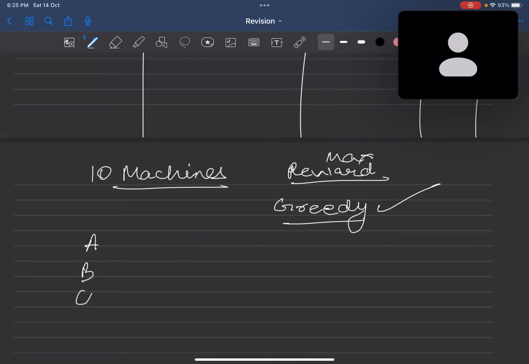Yes, absolutely correct. Suppose the first time A gave me the best reward, and I thought, okay, A is the best one, I'll keep on pulling A. But maybe after some time C is giving me the best reward, because of the probability C is the best arm, but I am pulling just arm A because at the first go A gave the best reward. That is because of the stochasticity.